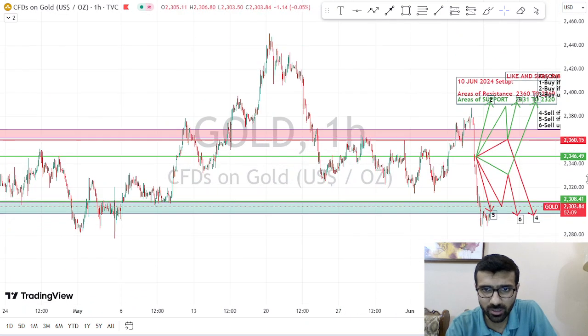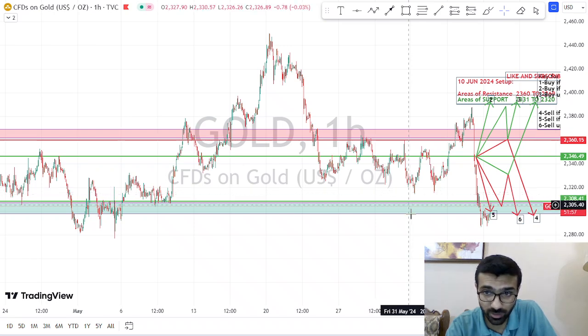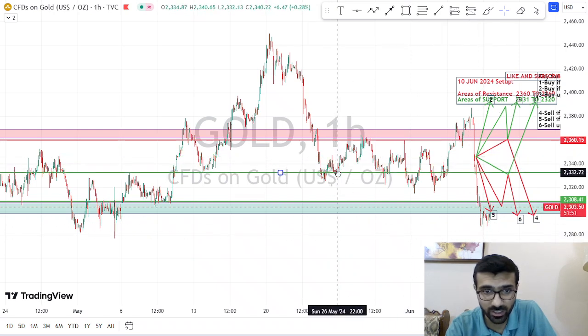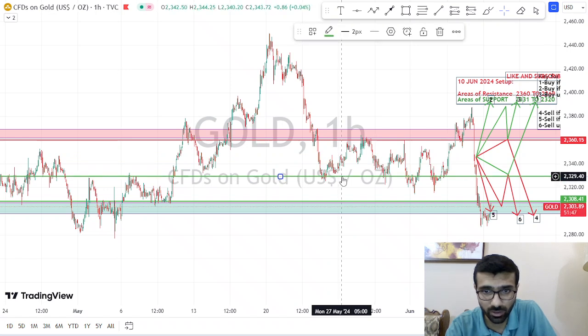And as you can see, the structure is broken, this low has been broken. So now we are going to mark, maybe this can also be a fake out, but for confirmation we have to wait and see if the market comes back and closes above this area.